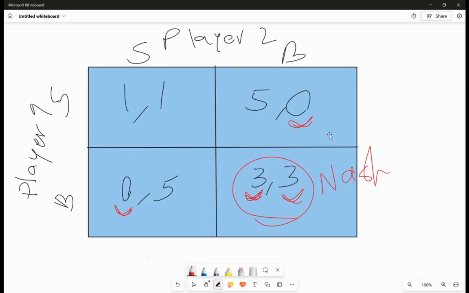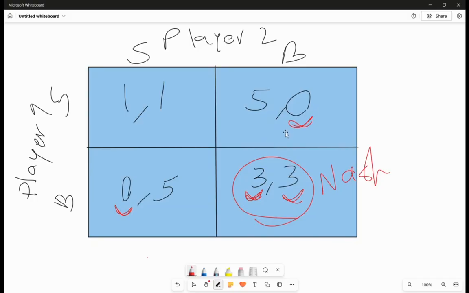Under high price, keeping the price low is going to provide greater payoff for player 1. So again, player 1 is going to play low price. You can see that it doesn't matter whether firm 2 plays high price or low price, player 1 is going to keep the price low. So that's the dominant strategy for player 1.